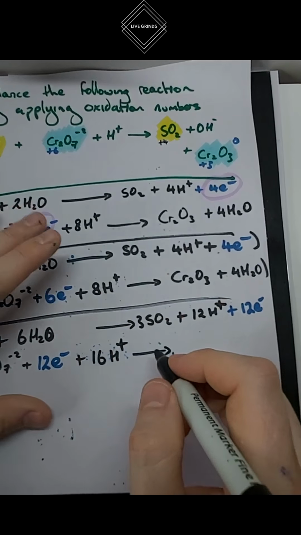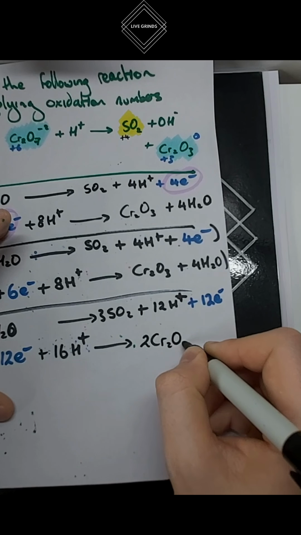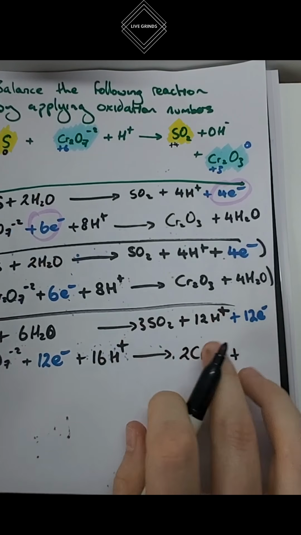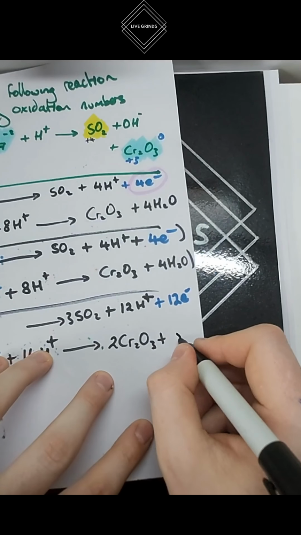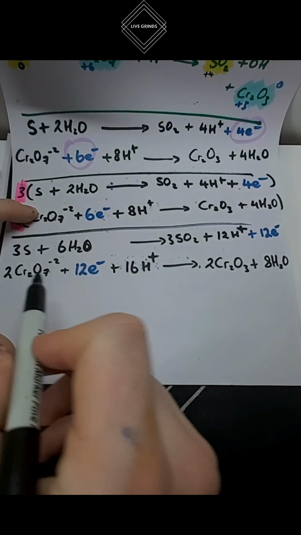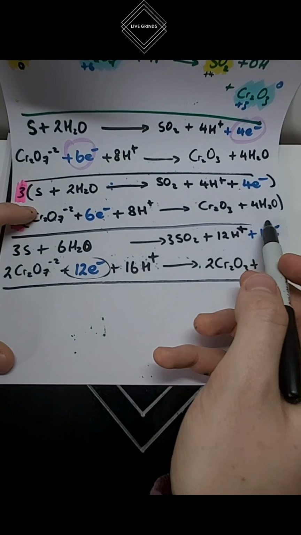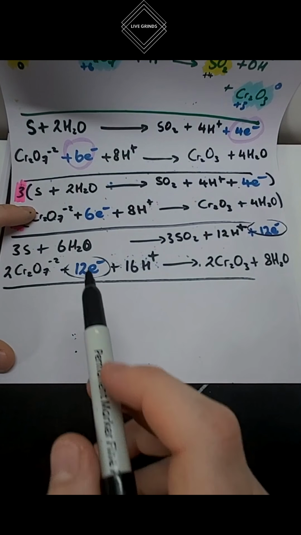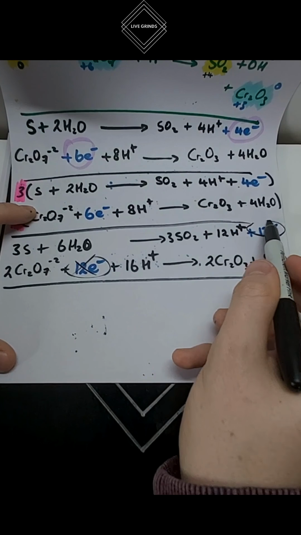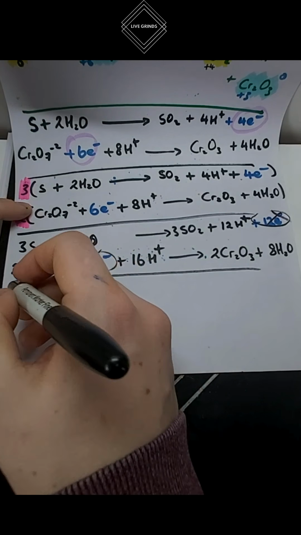2 by this chromate stuff, it's 2 Cr2O3. 2 4s are 8 H2Os. Now, we cross off those and we drop the components accordingly on the left hand side.